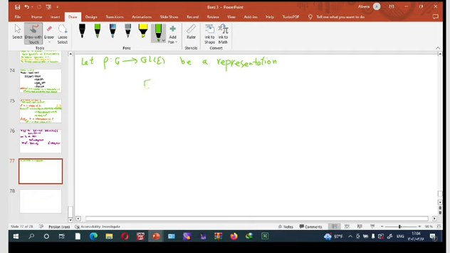We define E^G equal to the set of all vectors in E such that for any g in our group, rho_g of v equal to v.